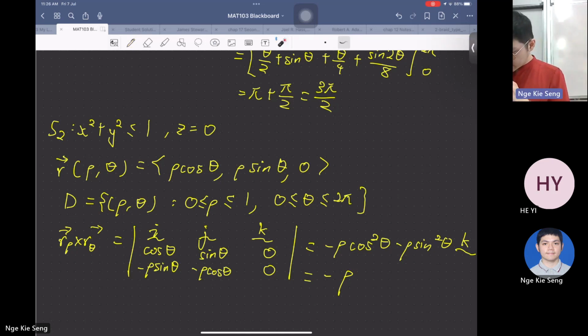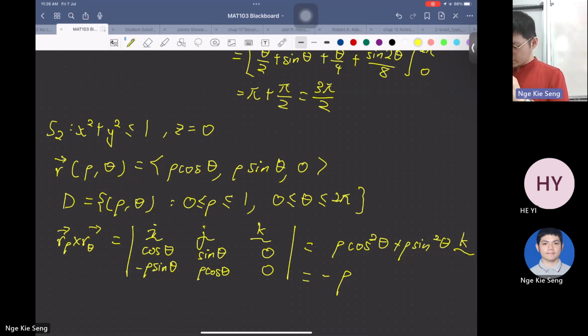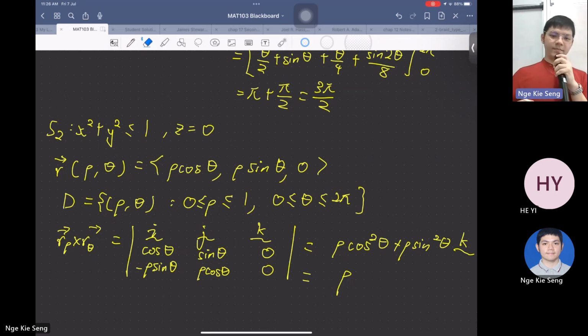I differentiate cos, I got minus sin. I differentiate sin, I get plus cos. So in this case I get rho cos squared theta plus rho sin squared theta, and all together I get rho. Yeah, correct. Okay, good.